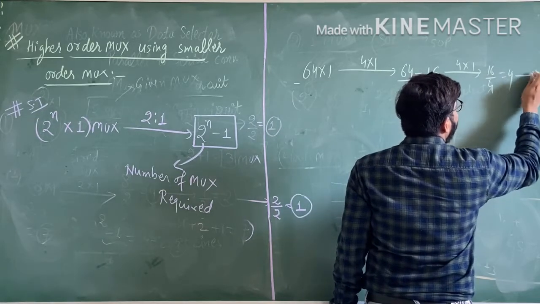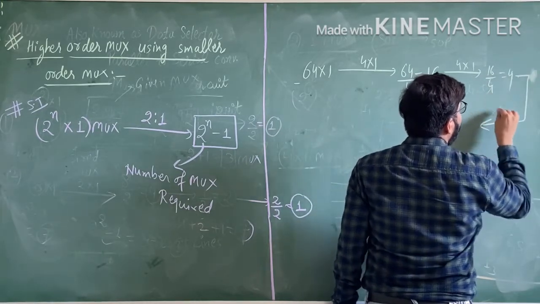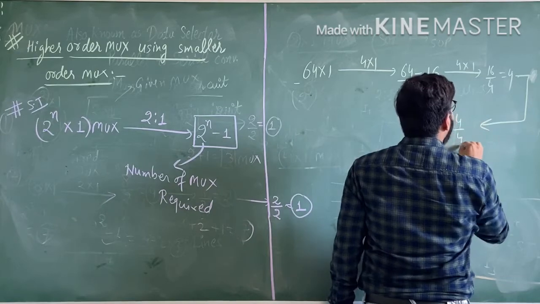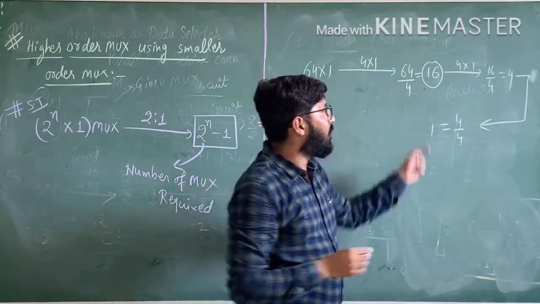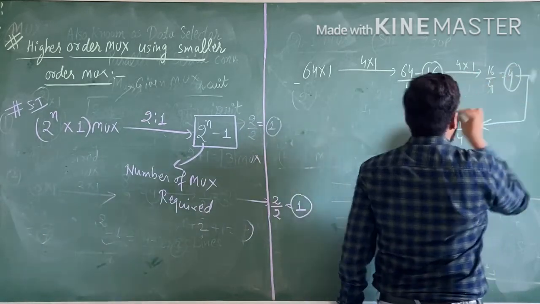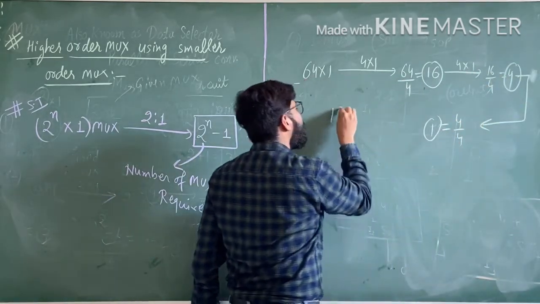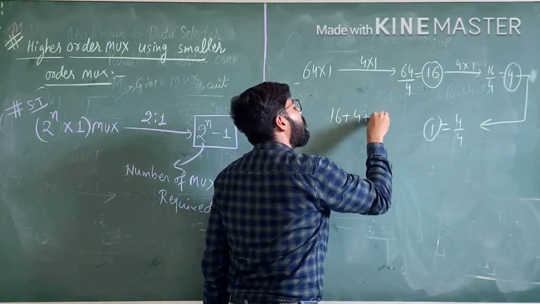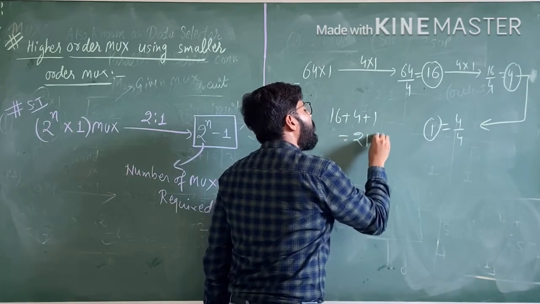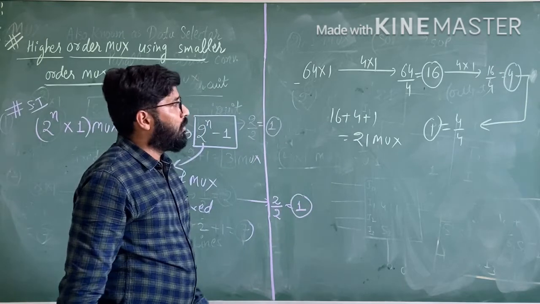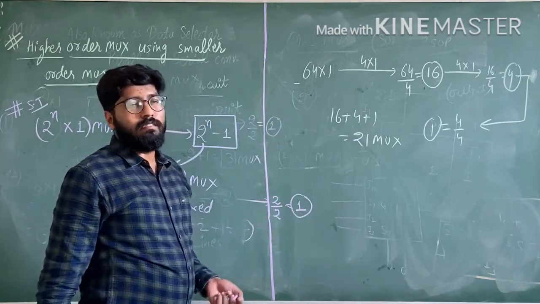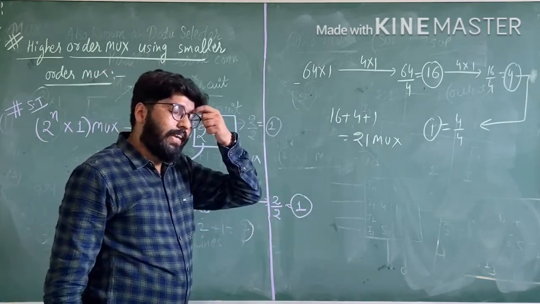Again we can divide: 4 divided by 4 gives 1. So here is 16 MUX, here is 4 MUX, here is 1 MUX. The answer becomes 16 plus 4 plus 1, which is 21 MUX. So this is the conventional method to derive the MUX count for any design.